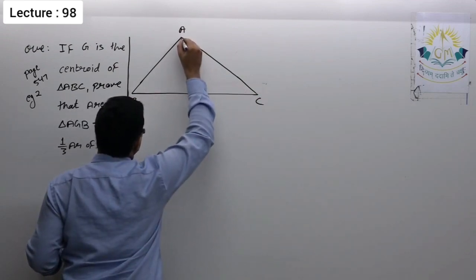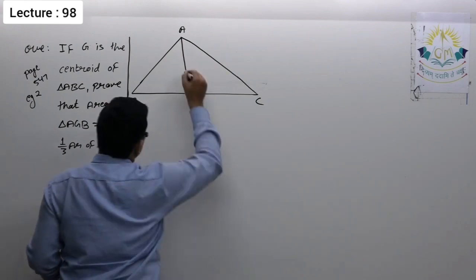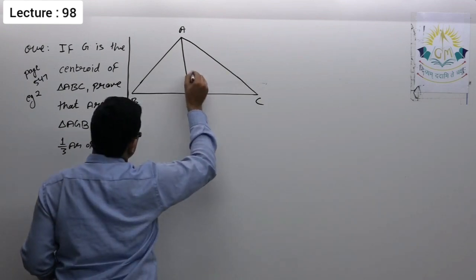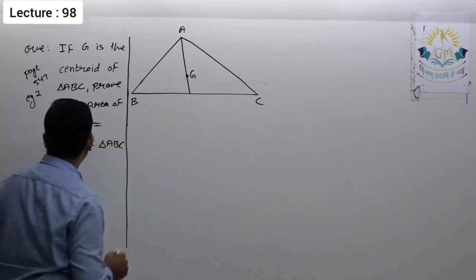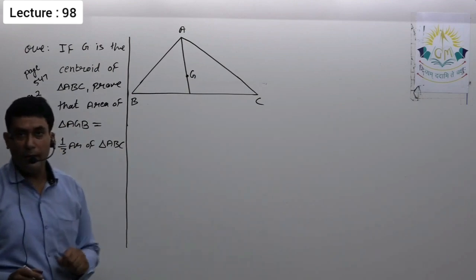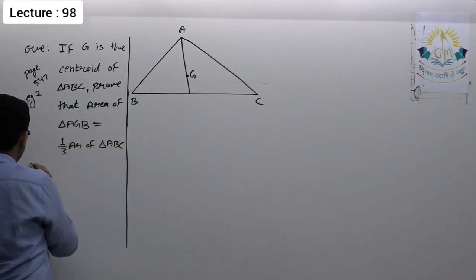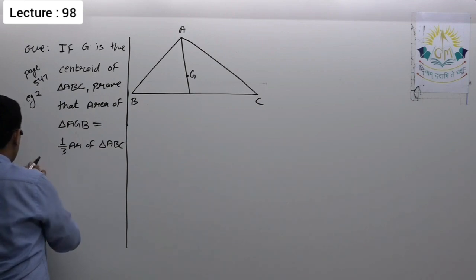Now G is its centroid, it is given. This is point G. And what we have to prove is that area of triangle AGB is equal to 1/3 of the area of triangle ABC. So let us start its solution.